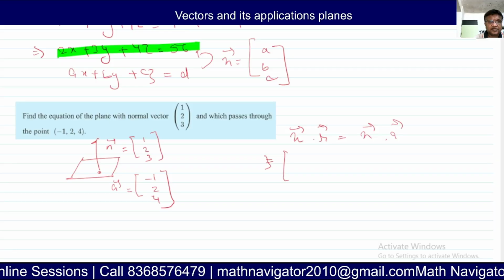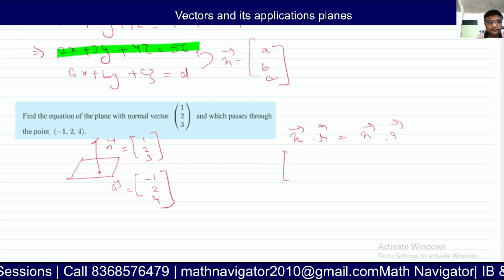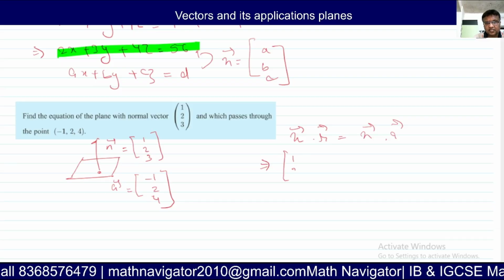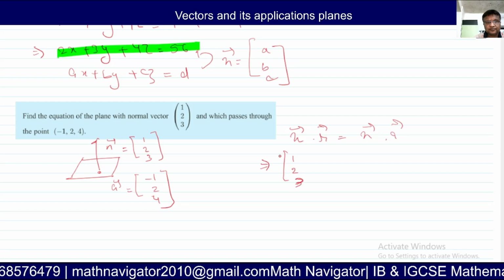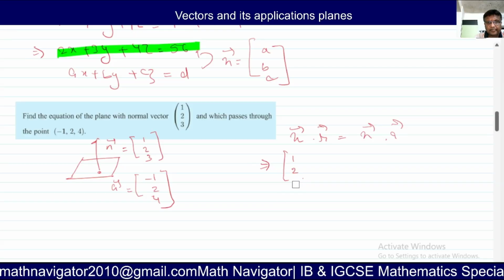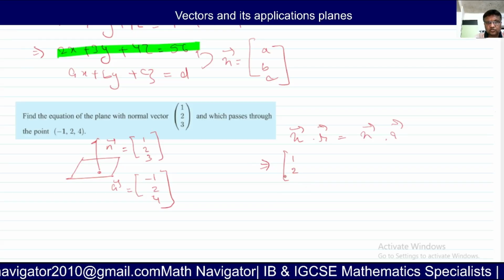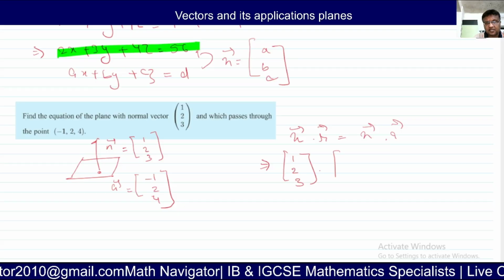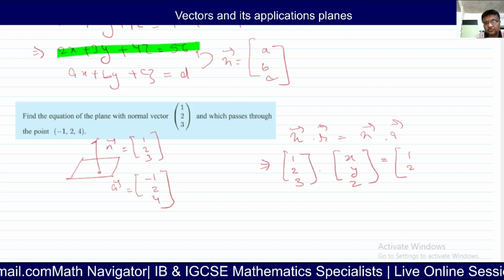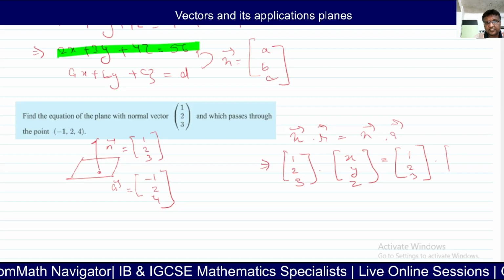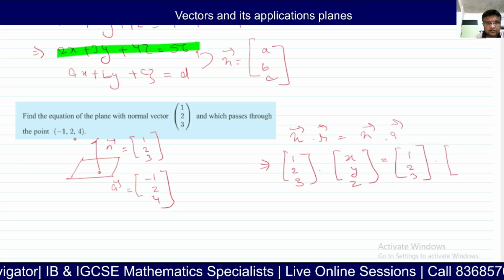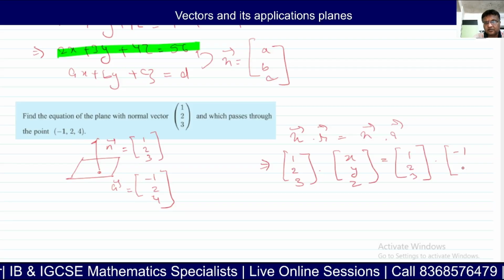Vector n is (1, 2, 3), and r is (x, y, z), which is equal to (1, 2, 3) dot vector a, which is (-1, 2, 4).